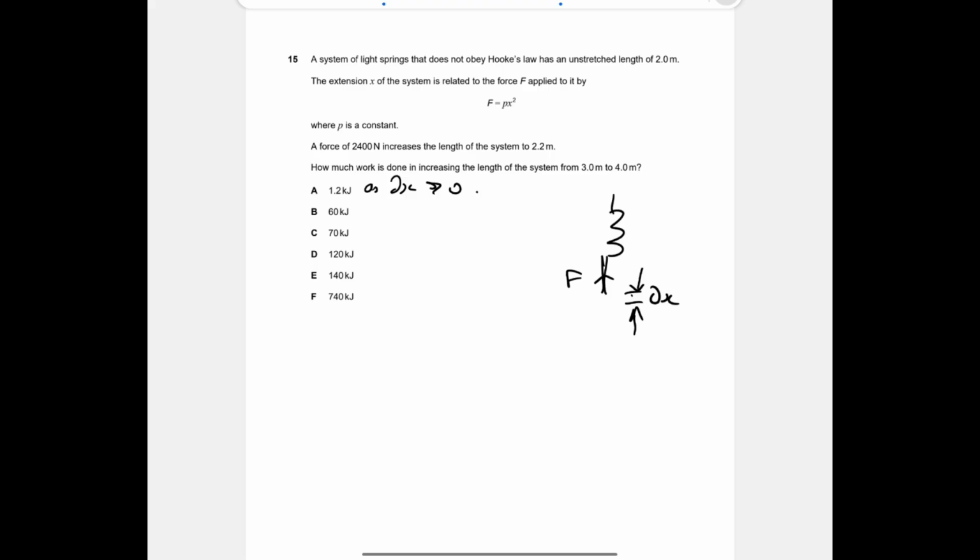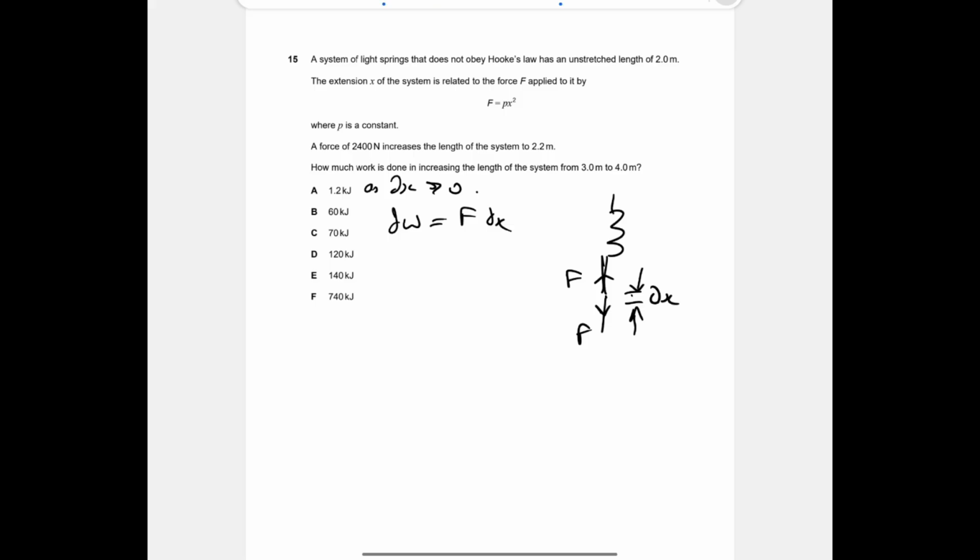So the amount of work that we do is going to be dw equals F dx, because the force we apply, F, is going to be in the same direction as the displacement, because the displacement of the spring is going to be in this direction. So F dx is going to be positive, and we do positive work because we're doing positive work on the spring.